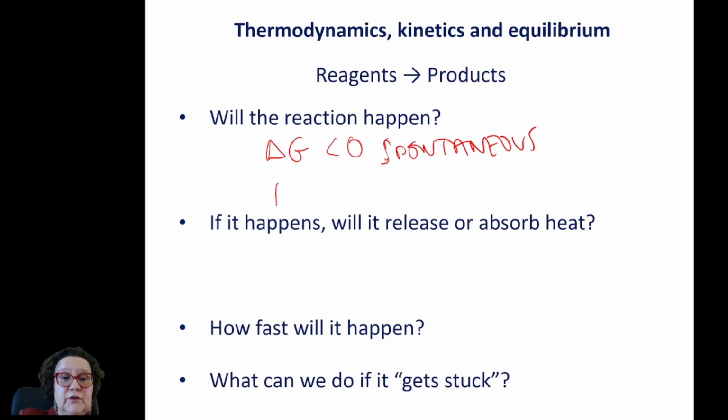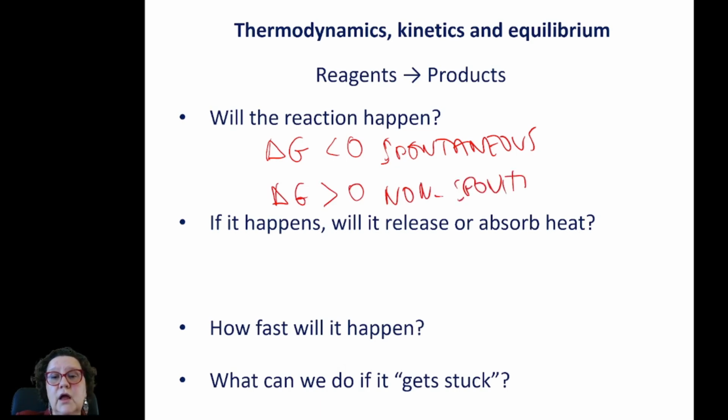If the delta G value is positive, then the reaction will be non-spontaneous and will not happen. If you want it to happen, you will have to do something about it. Typically, use heat.